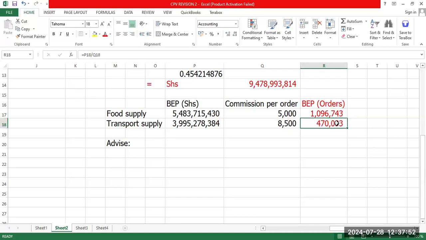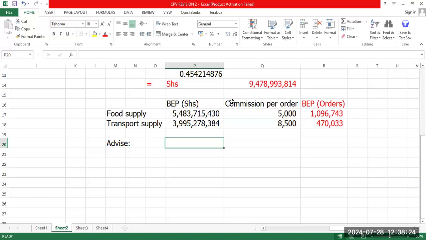And you write this one, then also put orders from food and transport service customers, respectively, to attain a target profit after tax of 110.81 million for the year ending 31st December 2021.